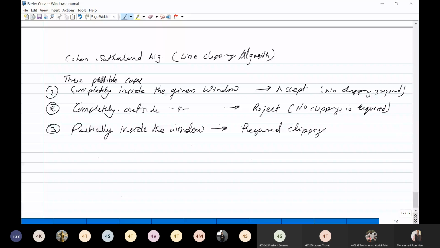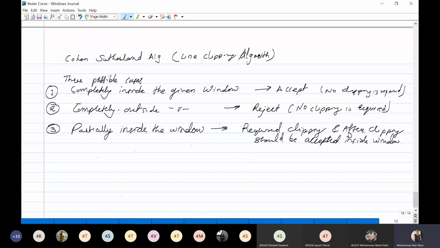Then, after clipping, the remaining portion which is inside the window should be accepted.